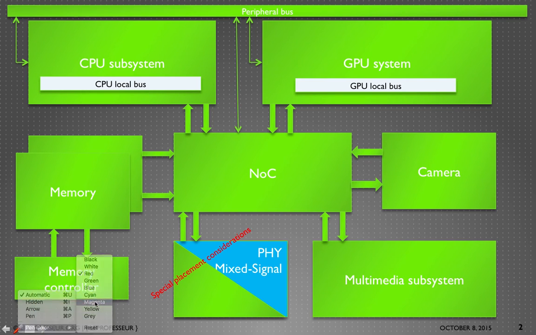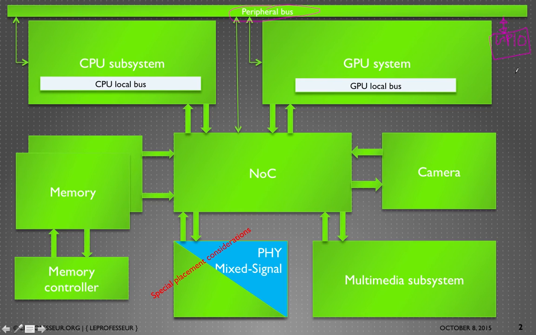My apologies for my poor drawing, but the idea is to show you that in a typical SoC you have, say, one peripheral bus, which interacts with your CPU subsystem or GPU subsystem, and goes all over your design wherever you are connecting your peripherals, let's say GPIO. GPIO are connected with this peripheral bus, for example.